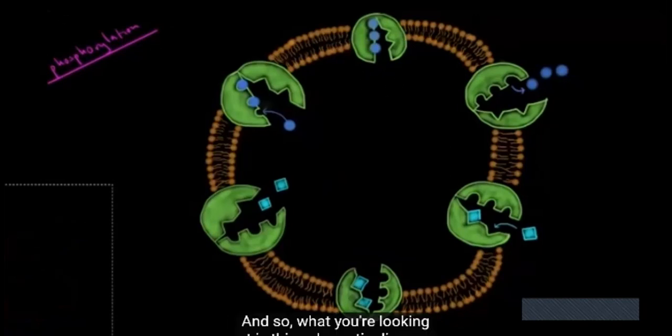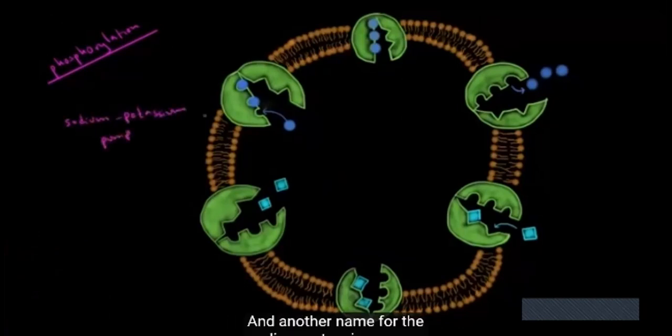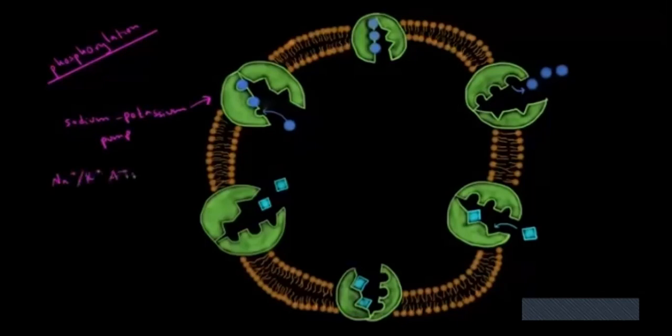And so what you're looking at is this schematic diagram of the sodium-potassium pump that's found in basically every animal cell. So the sodium-potassium pump. And another name for the sodium-potassium pump, which is the enzyme that you're looking at, is the NaK ATPase.